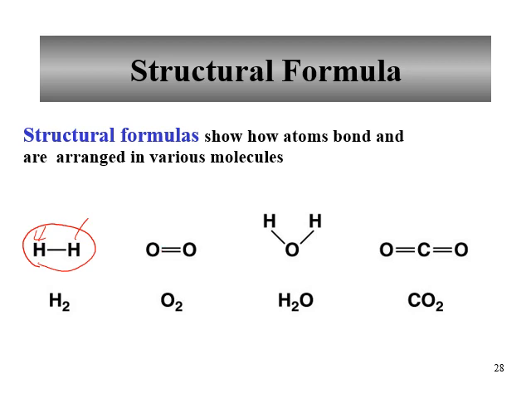Here oxygen shares 2 pairs, so 2 from the outermost shell, and over here H2O, which is nothing but water, shares 2 pairs with 2 hydrogen atoms. So these are some common formulas that we'll come across in anatomy and physiology.